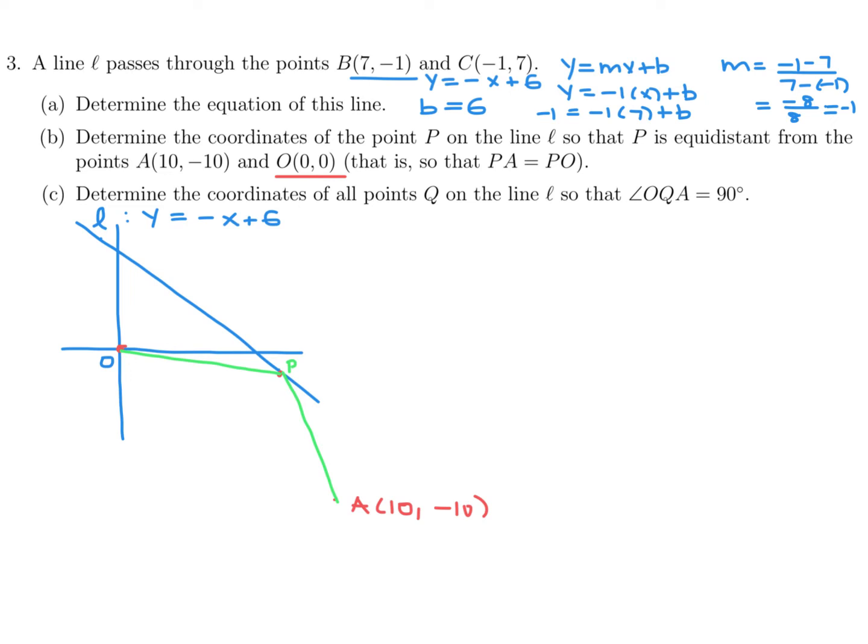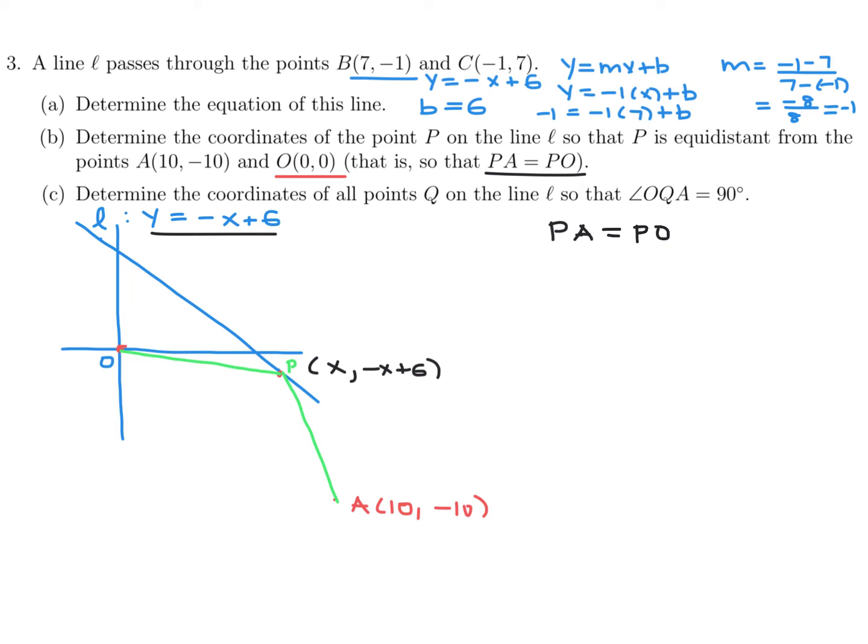P is on that line, so all coordinates would be of the form (x, -x plus 6). Following their requirement, PA is equal to PO.